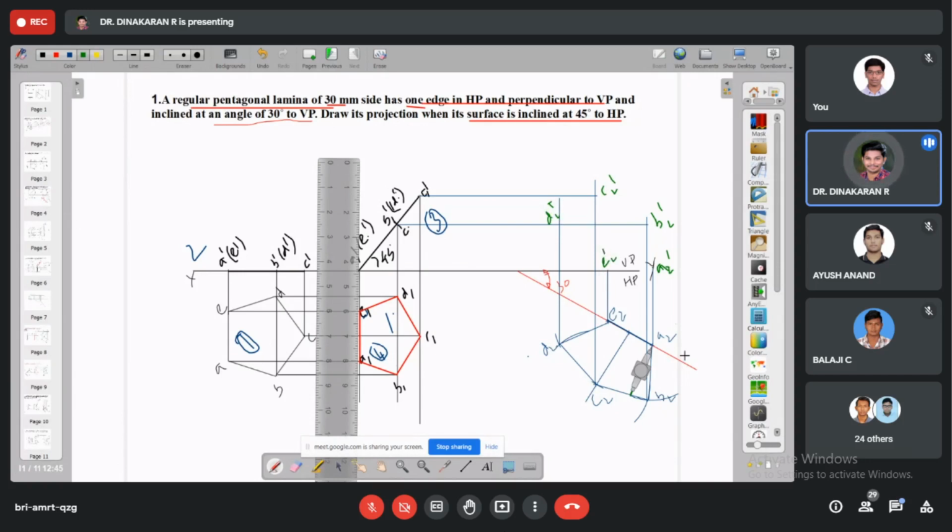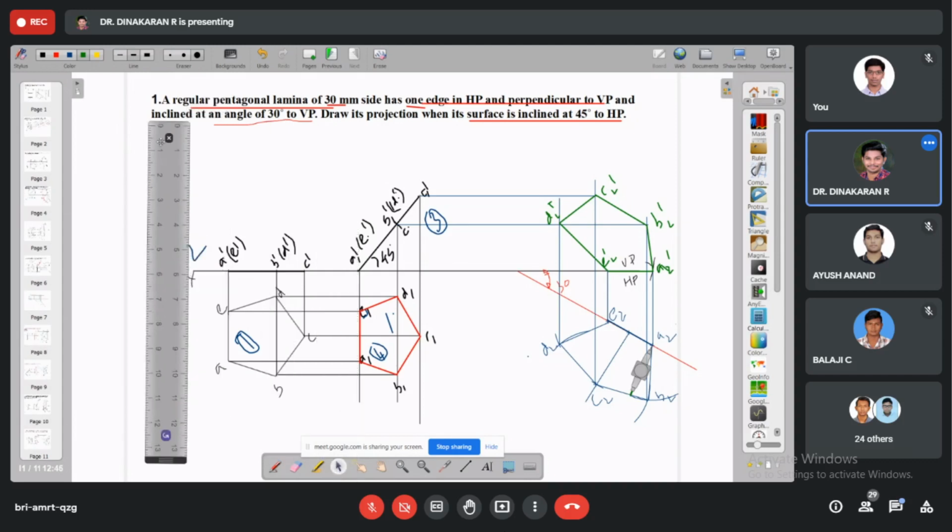Then connect all the points. This is the final shape of the pentagon. If you have any doubt in this, you can ask me.